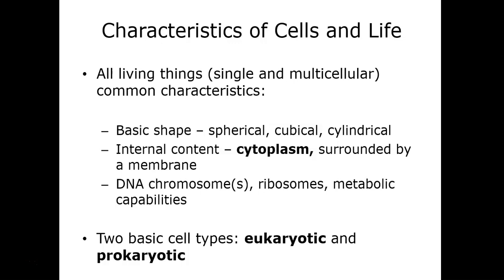And then finally, not only do they have a shape and an internal structure, but they also have a particular type of nucleic acid which carries the blueprint of their life to them. And this is usually in the form of a DNA chromosome. And that DNA chromosome is wound really tightly.